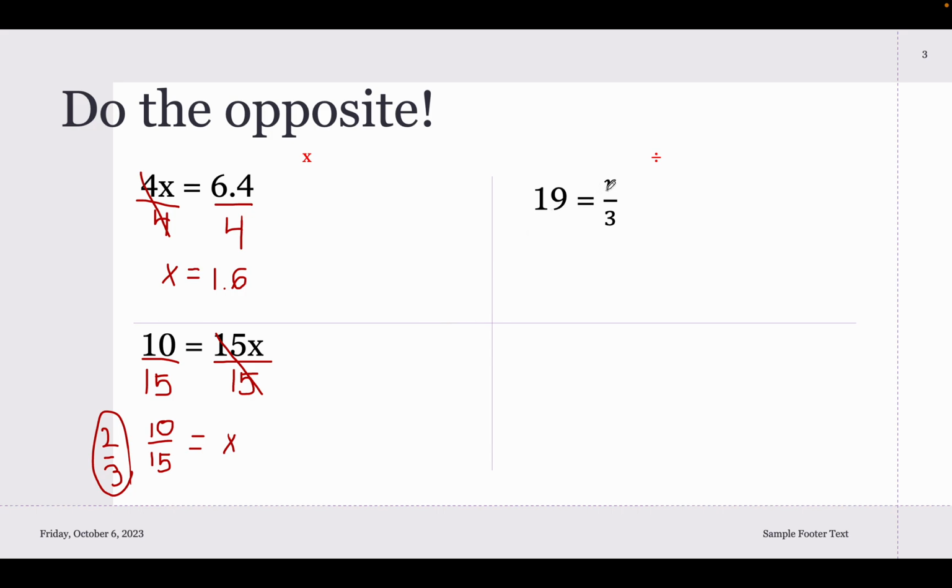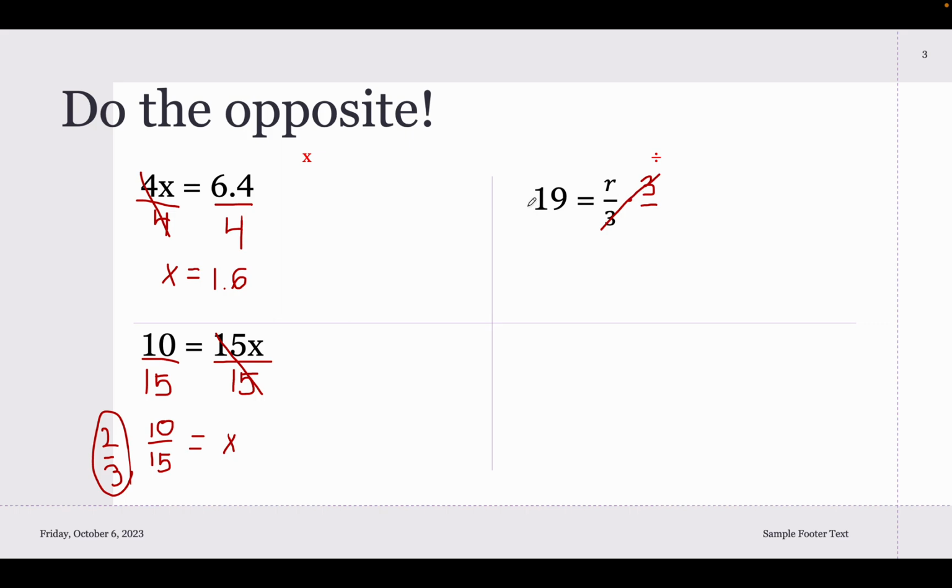19 equals r divided by 3. Same thing, only now the opposite is multiplying. Since r divided by 3 is a division problem, I need to multiply by 3. So to do that, I would go ahead and put this here, and I would go 3 on the top. Now, when I multiply by 3, that makes that go away, and it becomes a 1, and that leaves the r by itself.